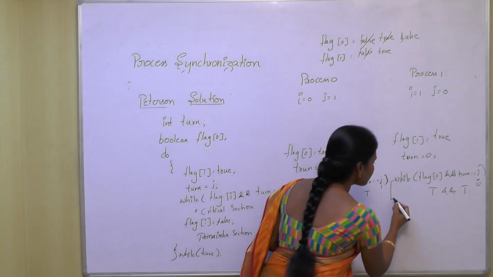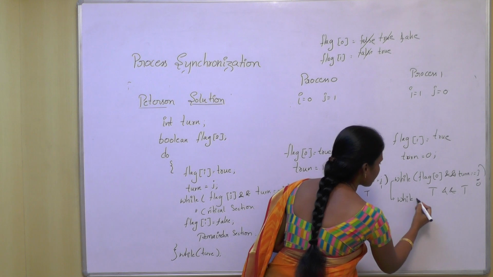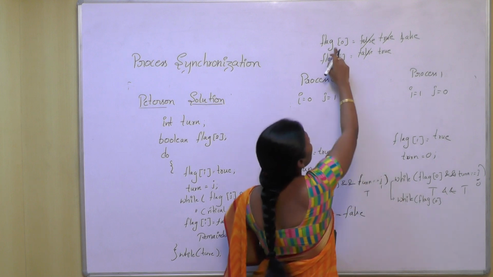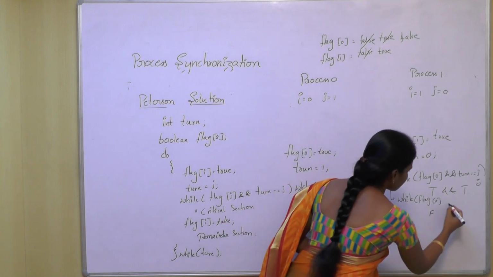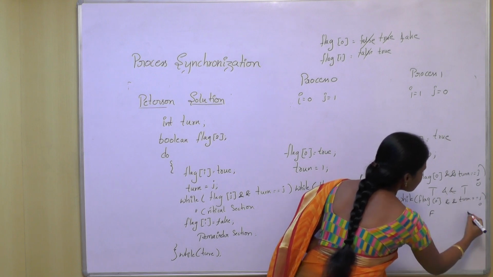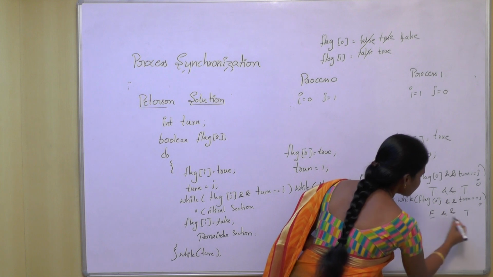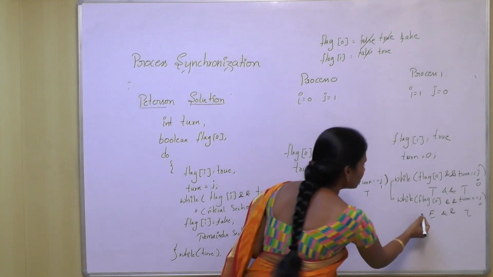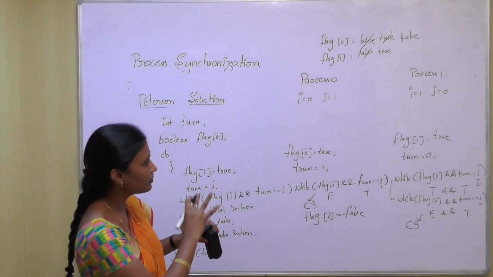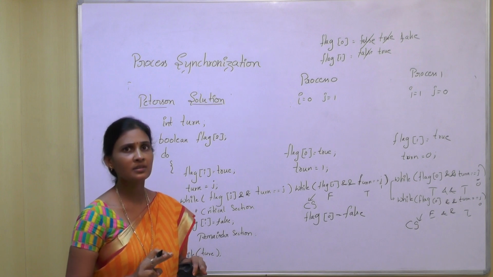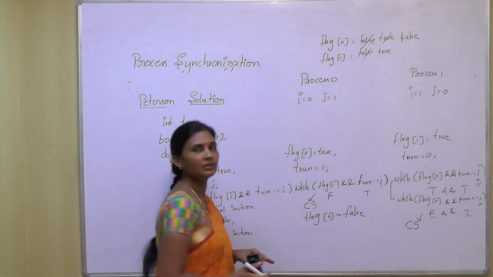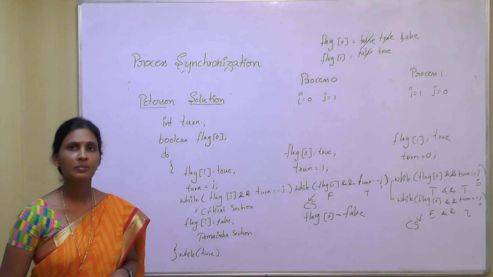Again we execute the same condition: while flag of 0, which is now false, and turn equals j, which is 0, so true. False and true means the condition is false. Now the other process can enter into the critical section. So this is the simple solution for two processes. If one process is in the critical section, it does not allow another process to enter into that critical section. This is about Peterson's solution.